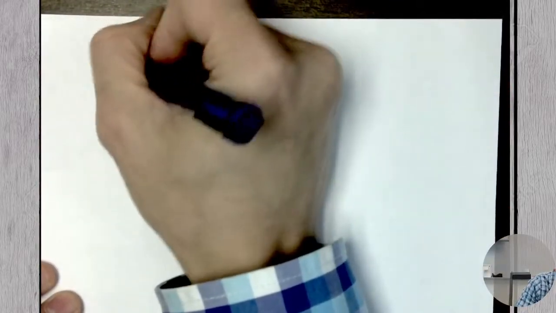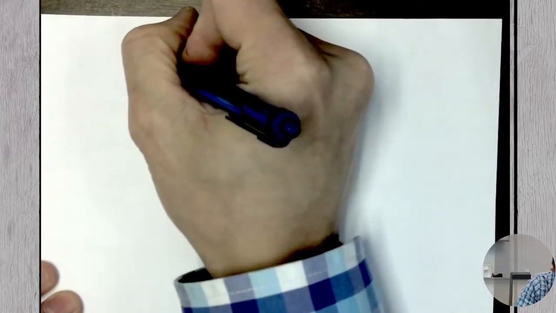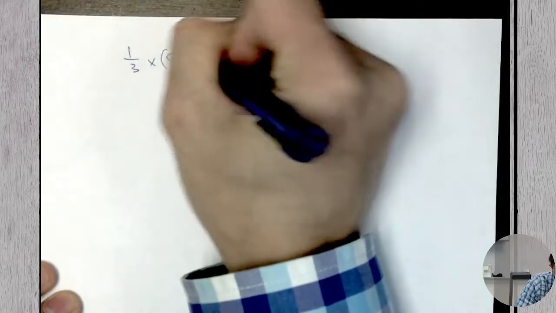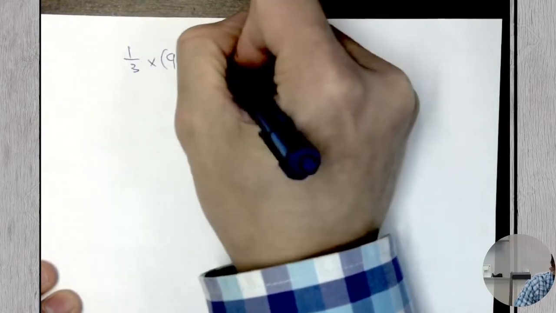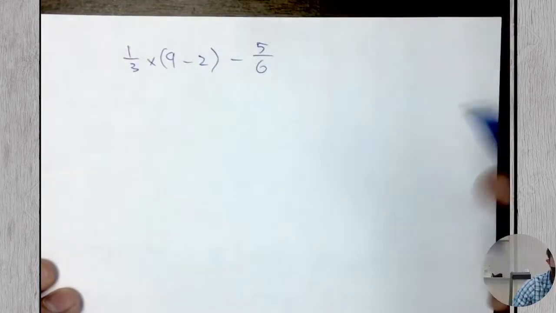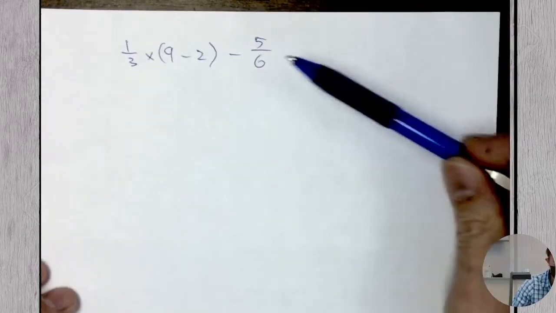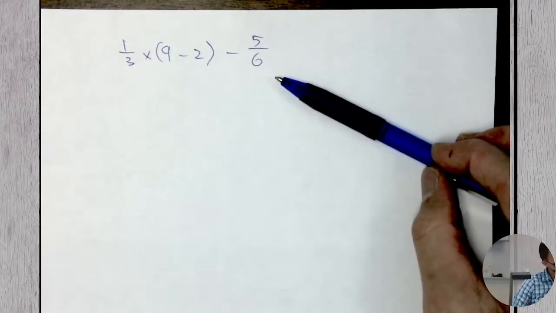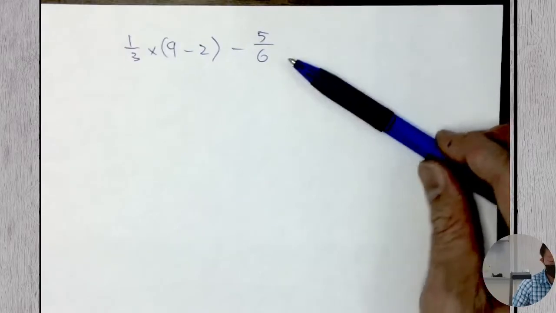Okay. Next example, I have 1/3 times by bracket 9 minus 2 minus 5 over 6. How many terms do I have? One term? 2 terms? Who says 2 terms? Thank you, Sandy. Yes, we have 2 terms.